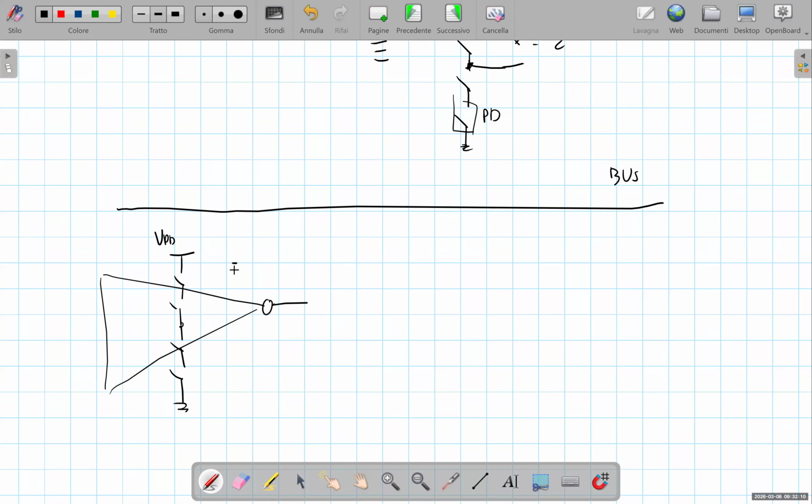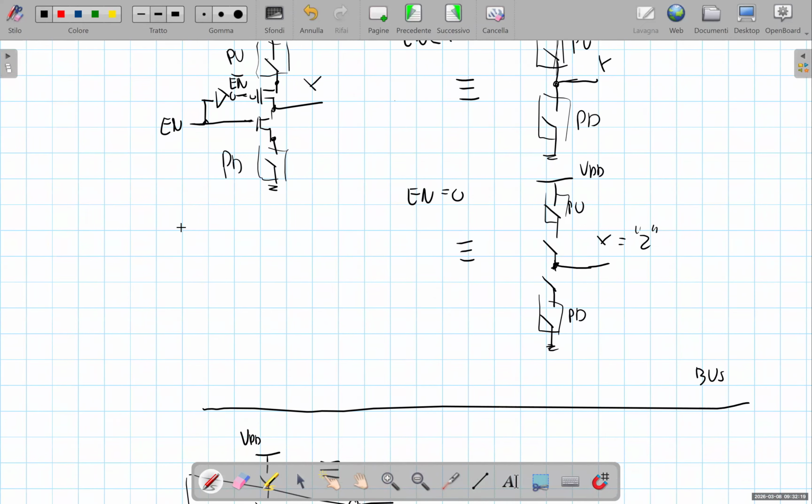Actually, the symbol of a three-state gate includes these three horizontal lines close to the output. So if we have a gate and we want to specify that this is a three-state gate, we have these three lines close to the output, and then we will also have an additional signal which represents this enable. Clearly, the same is true for any kind of digital gate, for any kind of logical function.